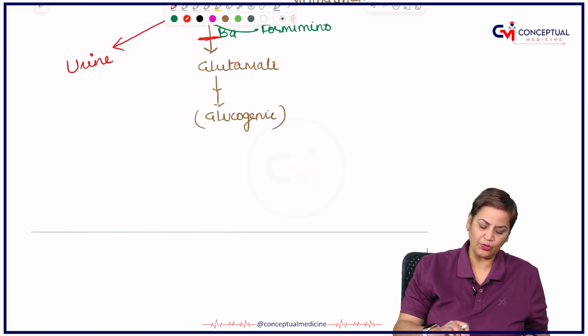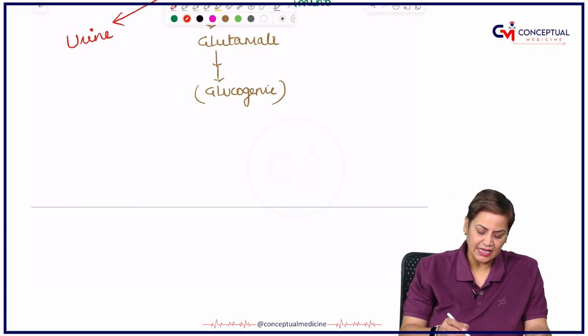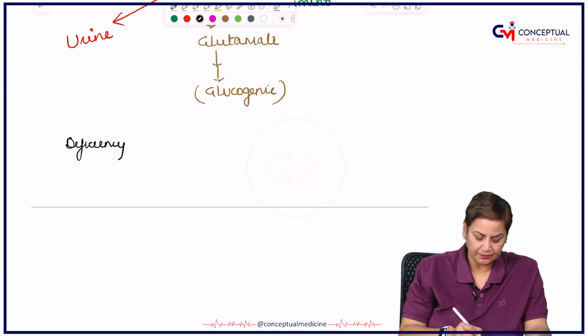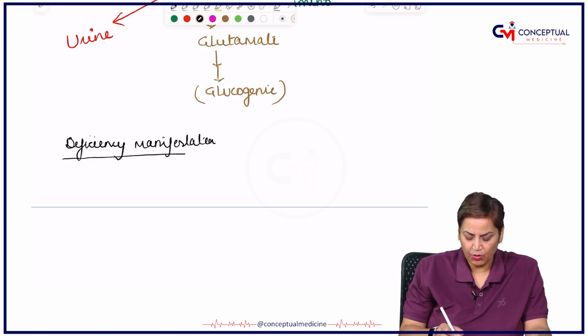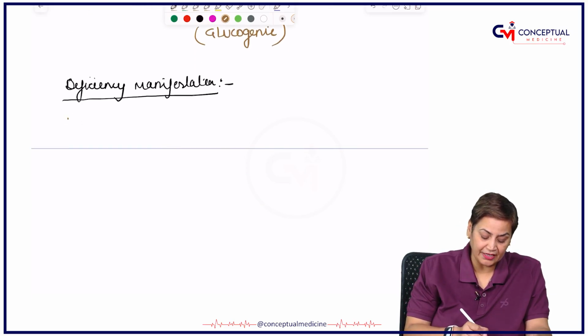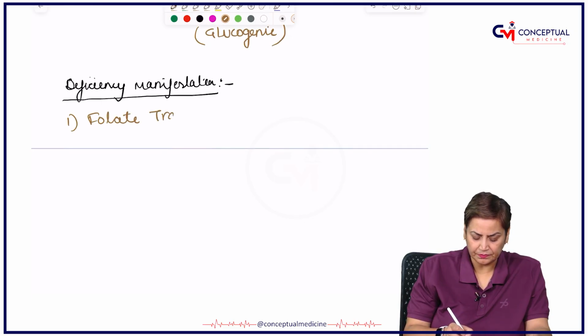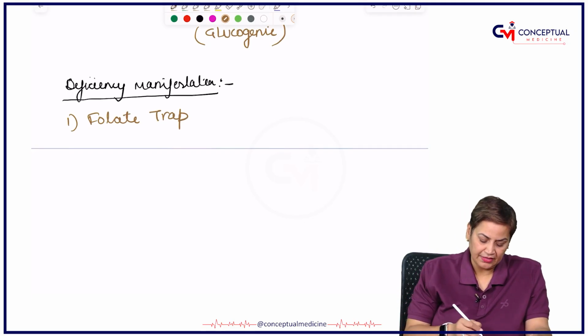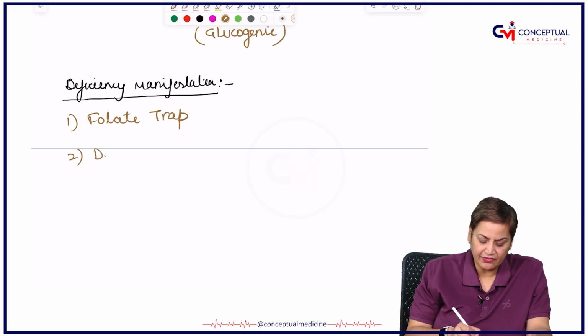Then, after this, we are studying the biochemical manifestations or the deficiency manifestations. Now, the most important deficiency manifestation of B9 is folate trap. This is very important. There is defective DNA synthesis.